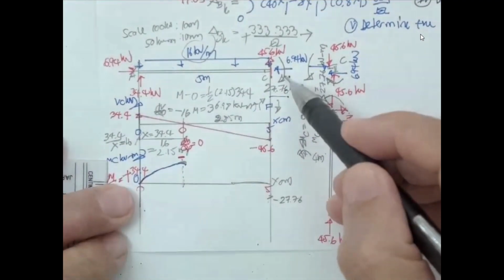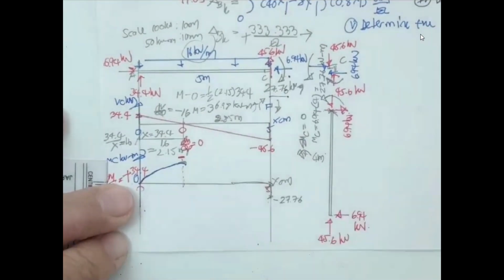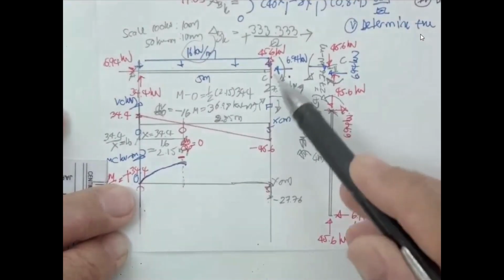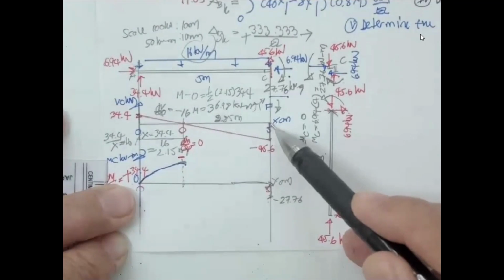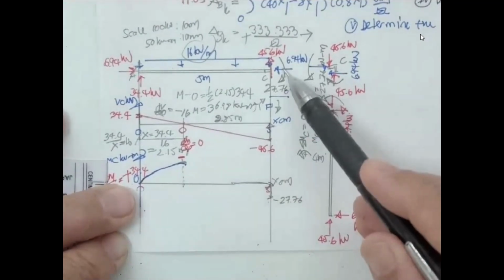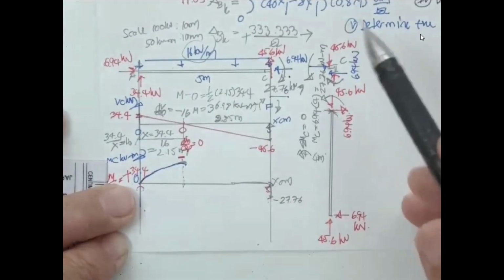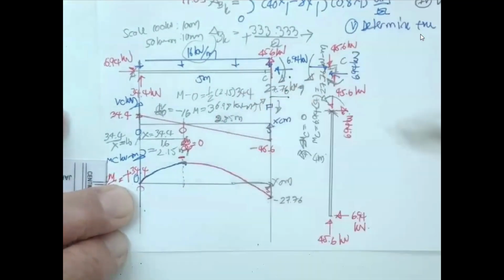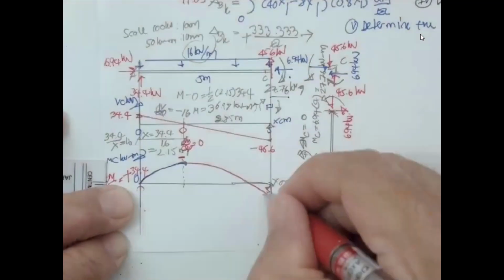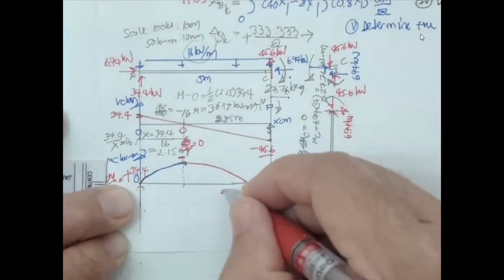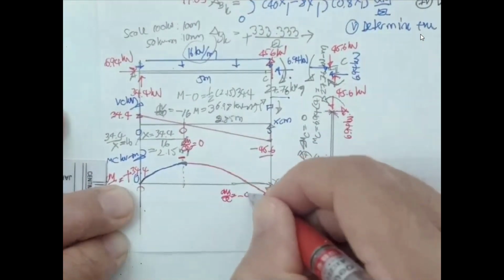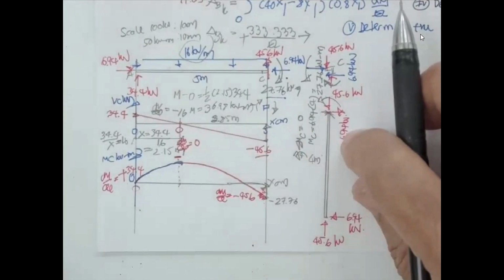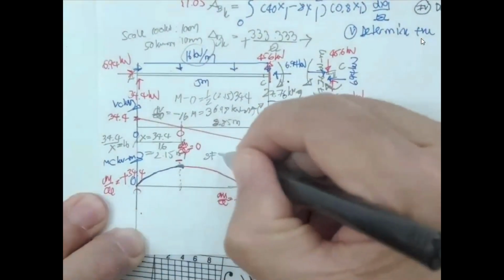Then this is clockwise. It's going to take this one up. Okay, this is clockwise, the same concept as the shear over here. It's going to be negative. So you have this portion curved like this one. And then put the slope over here to be this value, dM by dx is going to be minus 45.6. Then this is the shear force diagram, SFD.